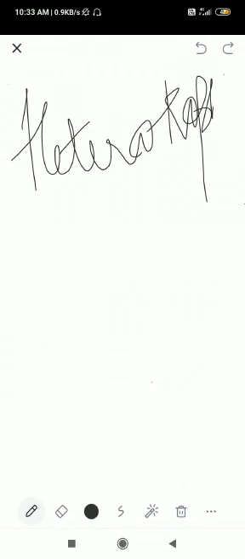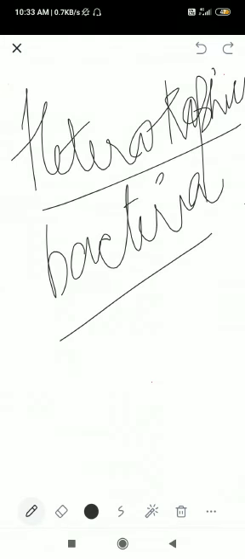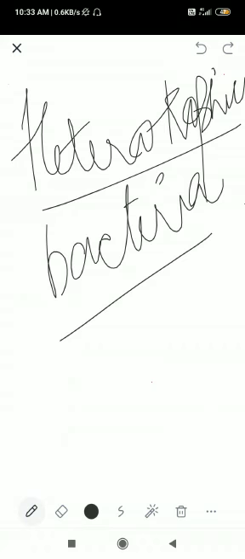Now let us see the last group of bacteria, that is heterotrophic bacteria. Remember this point, that heterotrophic bacteria are the most abundant of all the bacteria. So this is a question for the NEET examination, which group of bacteria is the most abundant of all the groups, that is heterotrophic bacteria. Okay, they are important decomposers, and the most important question is on their use.